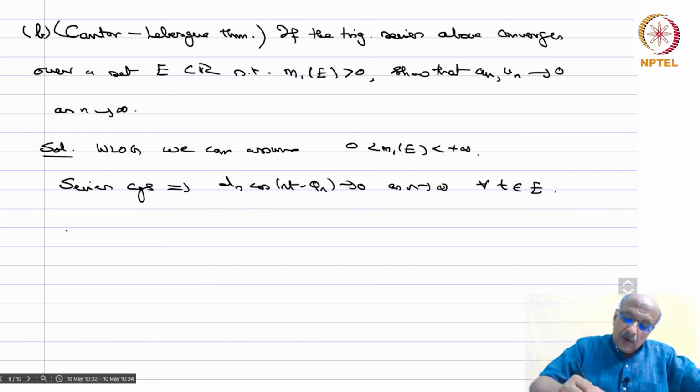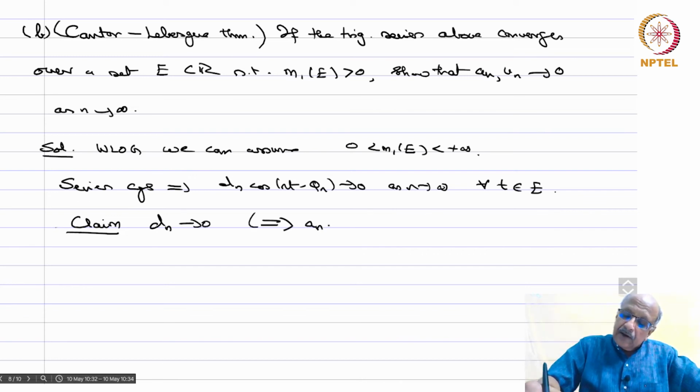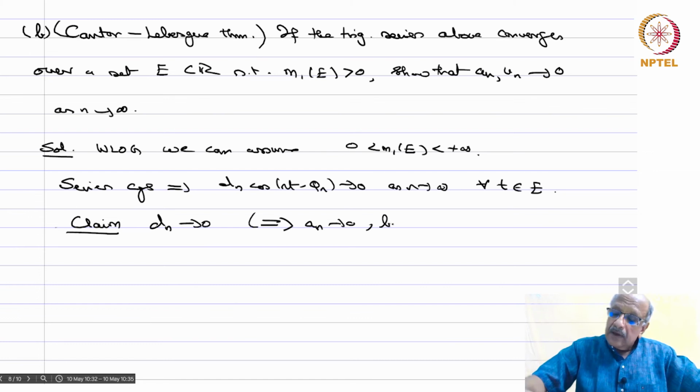Okay, so claim: dn tends to 0, which will of course imply that an tends to 0 and bn tends to 0. So it's enough to prove this claim.